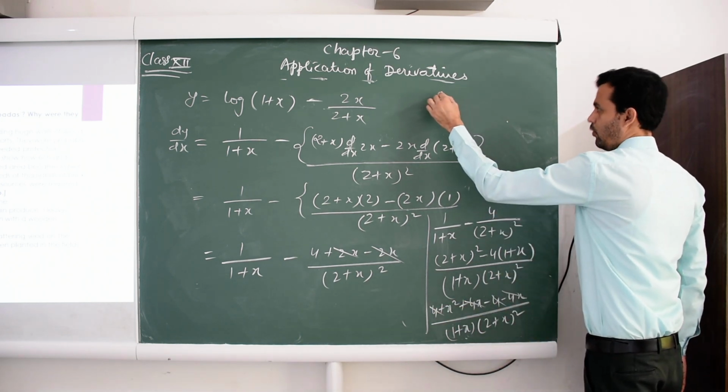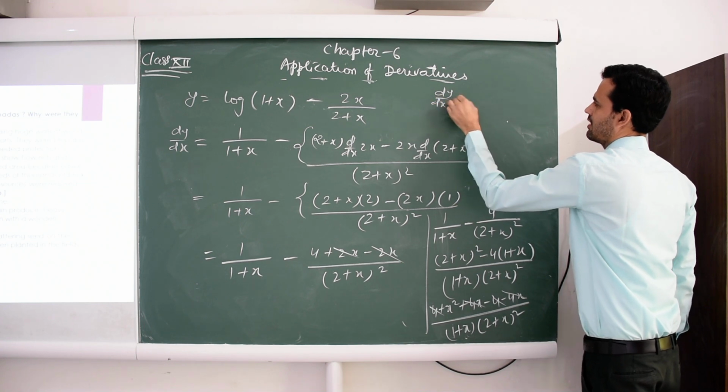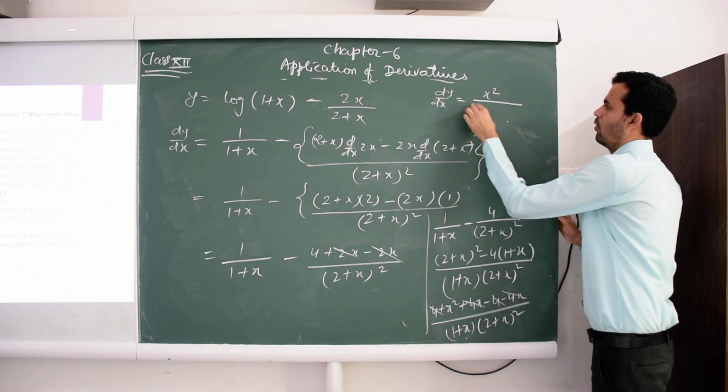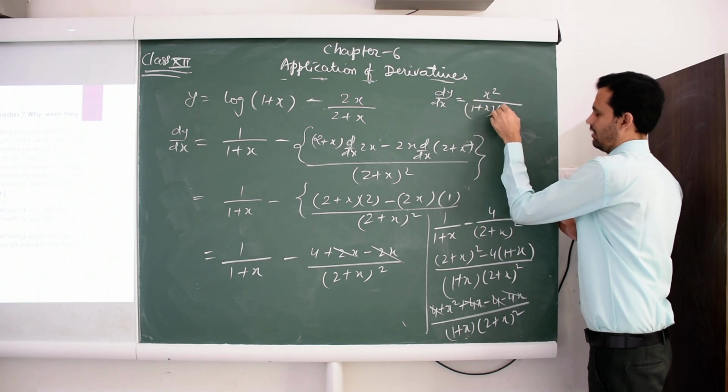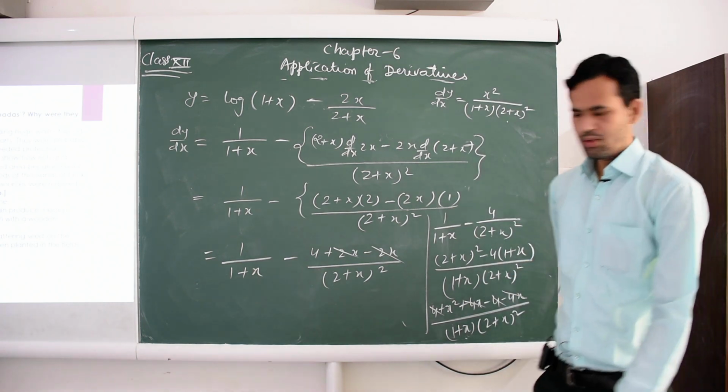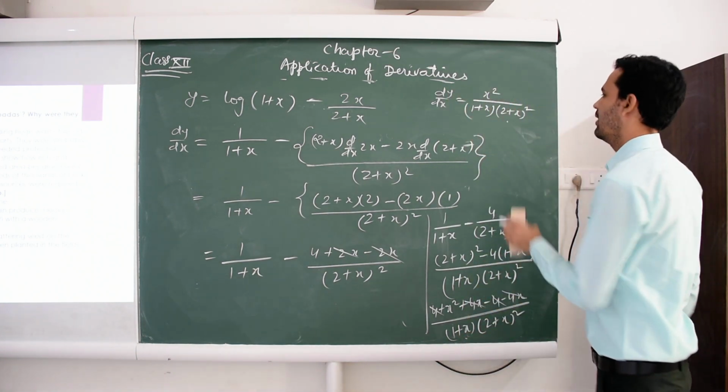So the value of dy by dx is x square upon (1 plus x) and (2 plus x) whole square. Okay, so this is the value of dy by dx.